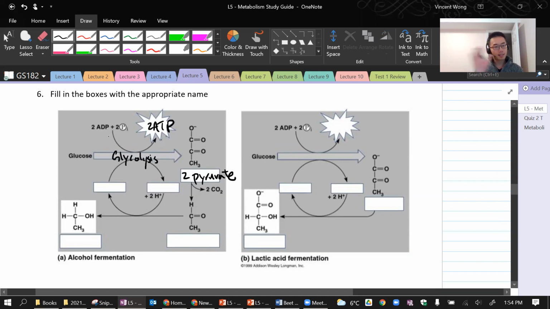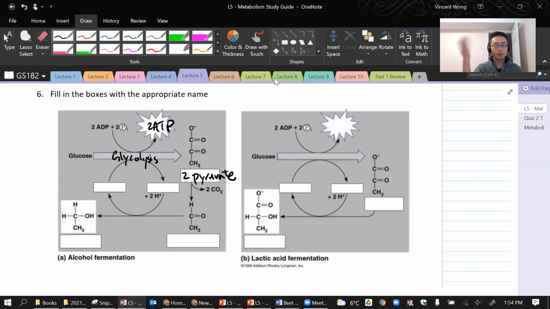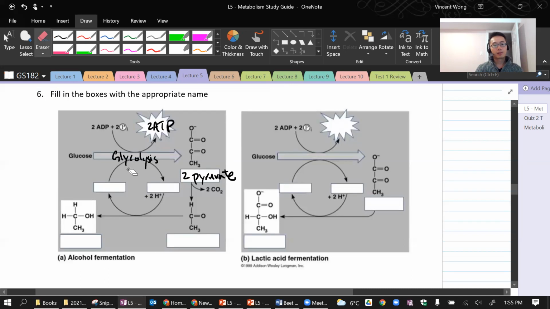Okay, so that's not fermentation. That's just what happens normally. If you have enough oxygen, then the pyruvate will go on to do the next 3 steps: pyruvate oxidation, Krebs cycle, etc. Okay. Now, glycolysis is also going to release high energy electrons. So the NAD+ will come, 2 of them, and you will produce NADH.